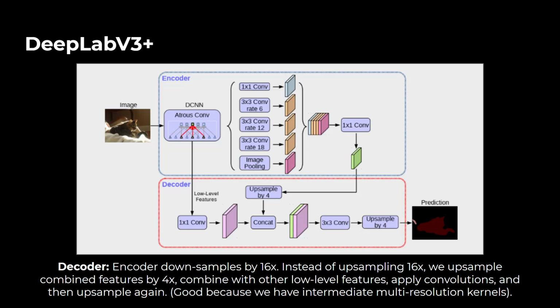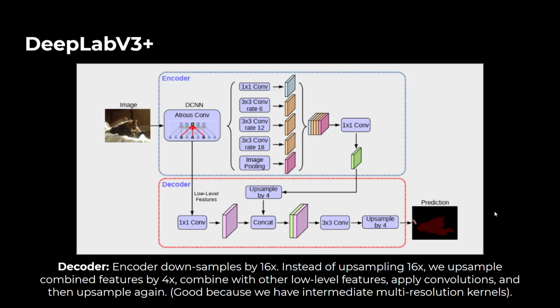But that's not very good because it might not be able to capture the details, right? So instead of upsampling directly by 16 times, what we might do is upsample the combined features by 4 times, right? Combine it with some other low-level features, apply some more convolutions in between, right? And then upsample again by another 4 times, right? So then we end up recovering the original dimensions that way.